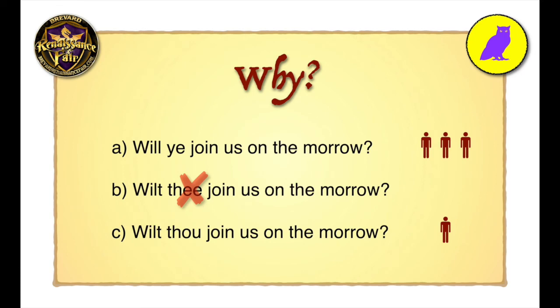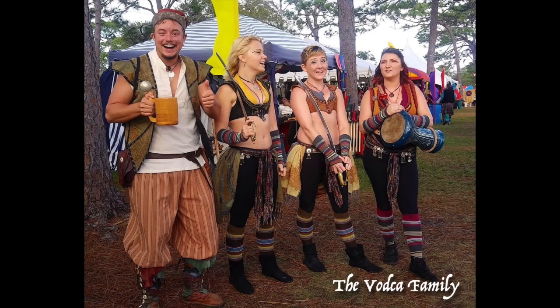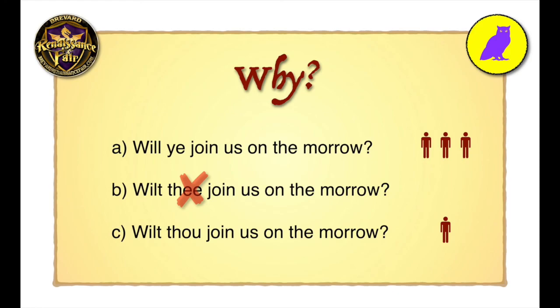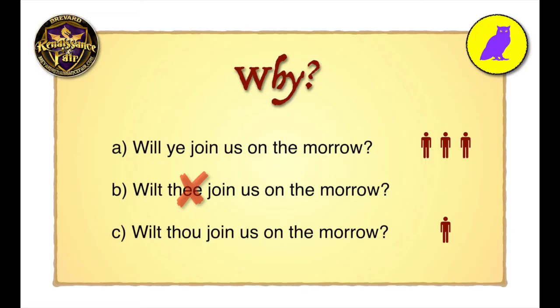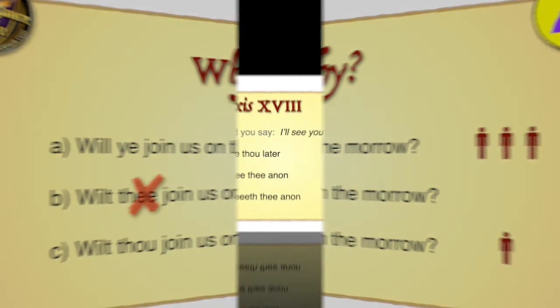Why? Answer A is correct if you're speaking to more than one person. As people are leaving the fair, you might say, will ye join us on the morrow, to a group of them. Or, if you are addressing one individual person, you might say, wilt thou join us on the morrow, meaning, will you join us tomorrow?